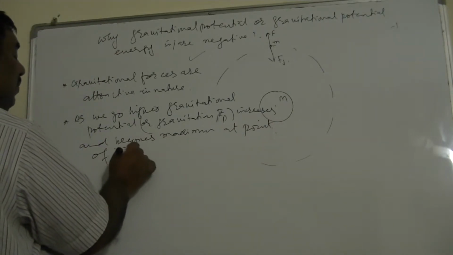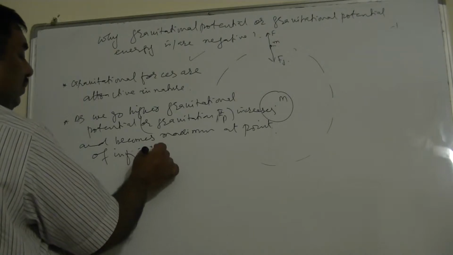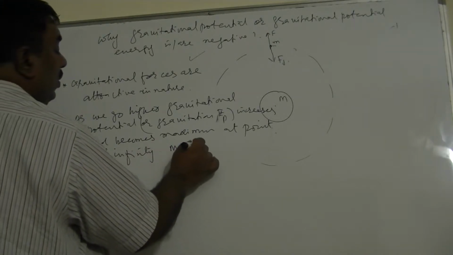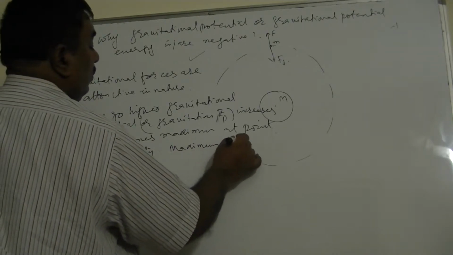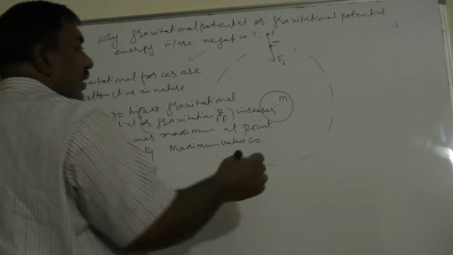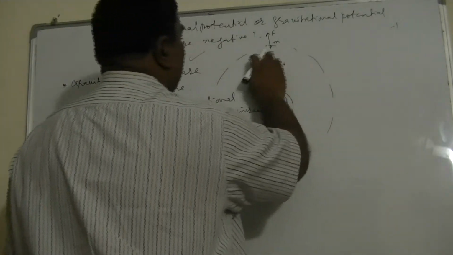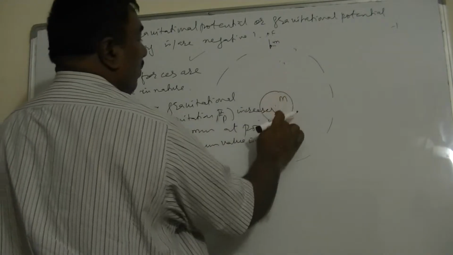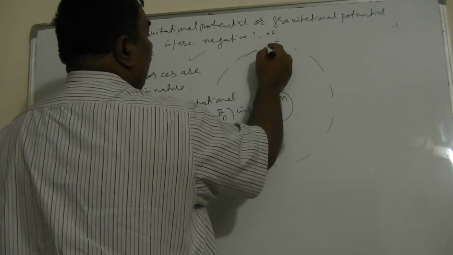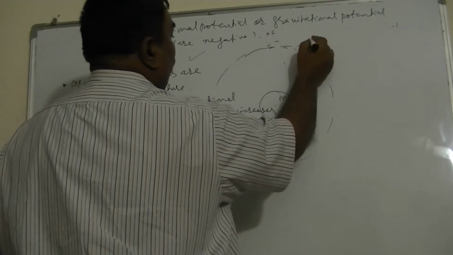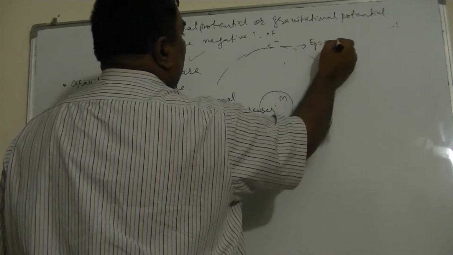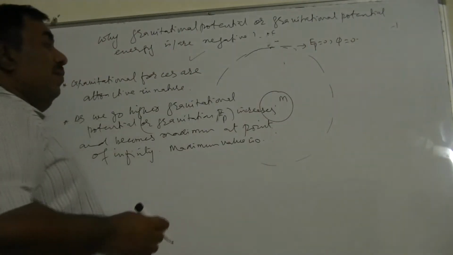Since it is maximum at the point of infinity, this maximum value is 0. Clearly, suppose this is the body, this is the point of infinity. Here at this point, potential energy is 0, also gravitational potential is 0. But this is the maximum.